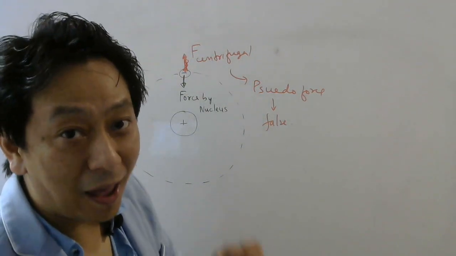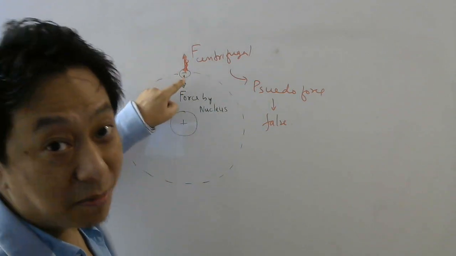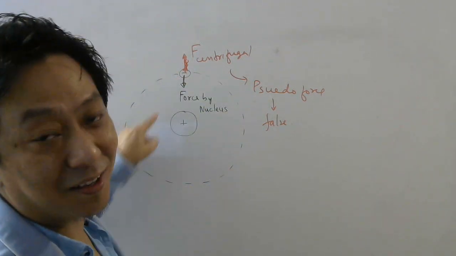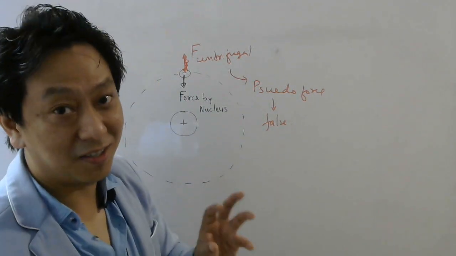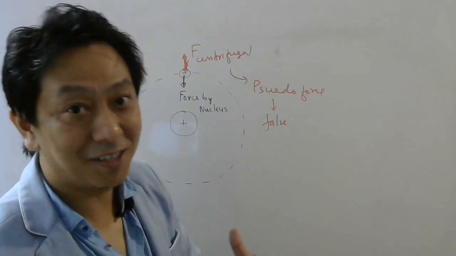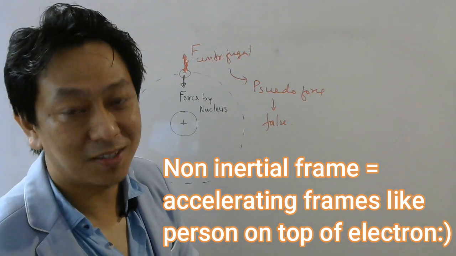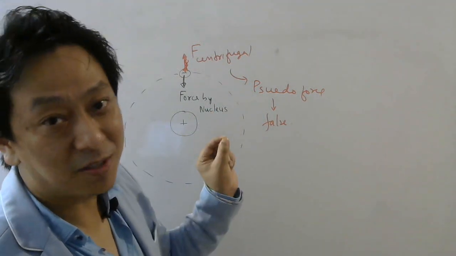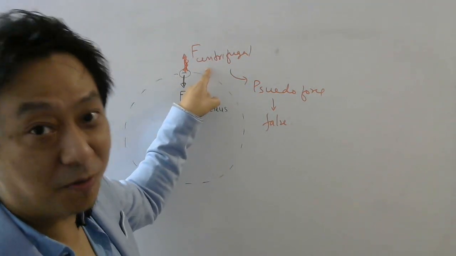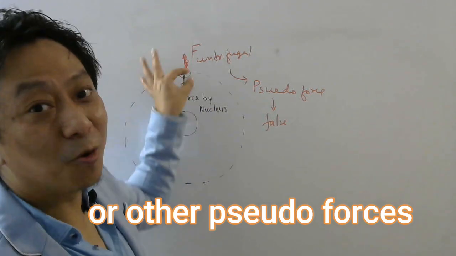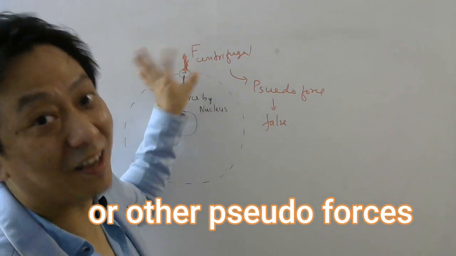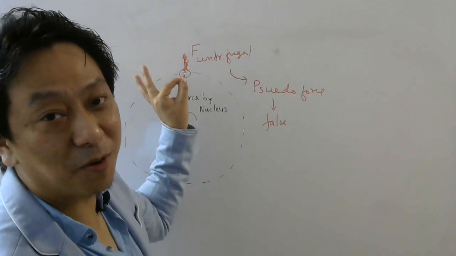It appears to act for observers who themselves are accelerating. Such frames of reference where there is acceleration, we call non-inertial frames of reference. Only in such frames, you need centrifugal force to understand why the electron is at rest.